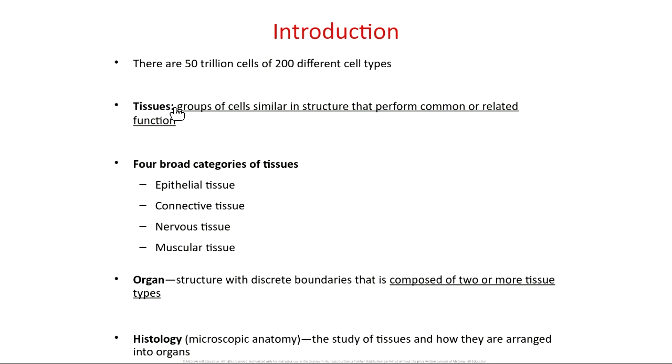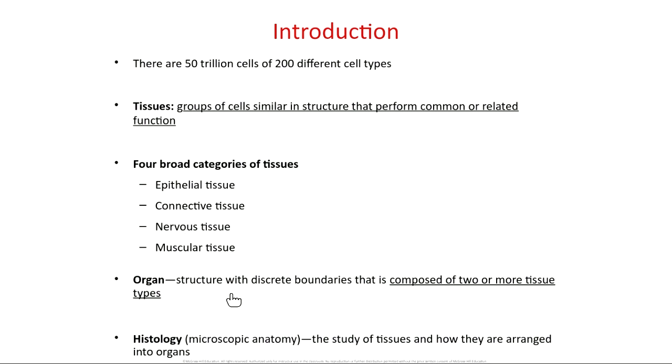Tissues. You already know what tissues are. They're groups of similar cells that perform some common function or related function. There are 4 categories or classes of tissue: epithelial tissue and connective tissue, which are covered in lab as well as in this Chapter 5. The other 2 types of tissue we will study later: nervous tissue and muscular tissue.